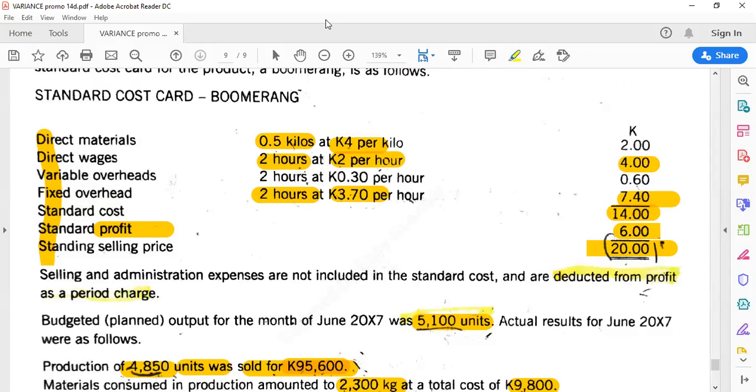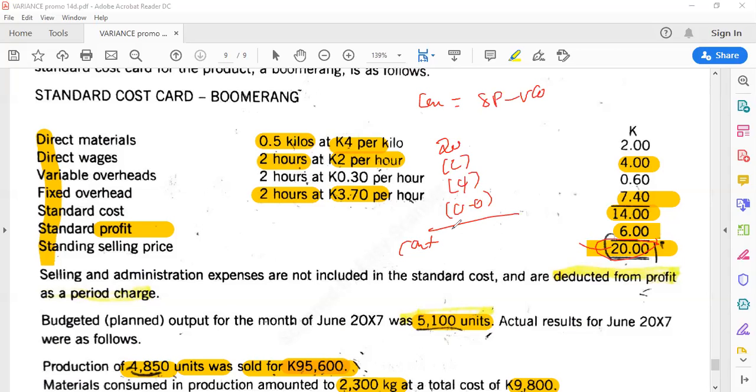Contribution is equal to selling price minus variable costs. So selling price is 20. We remove 2, we remove 4, we remove 0.6. How much is our standard contribution?